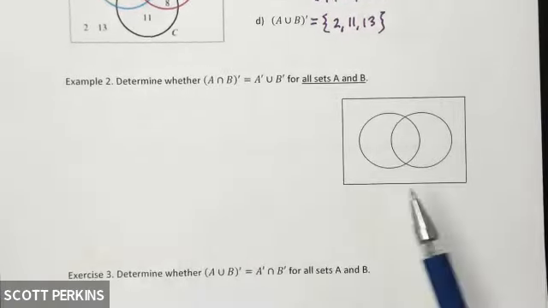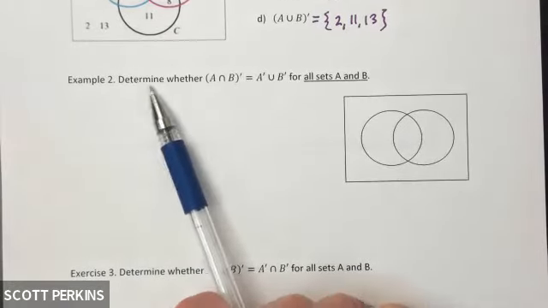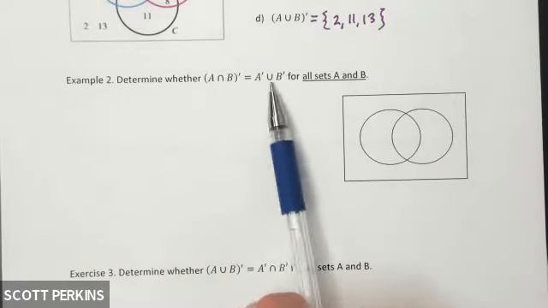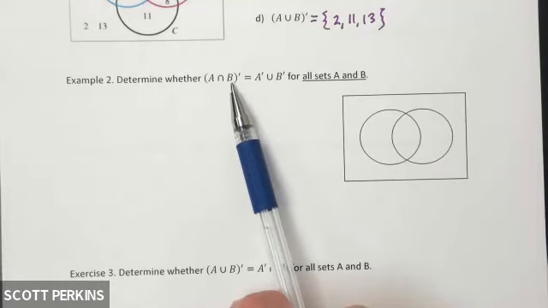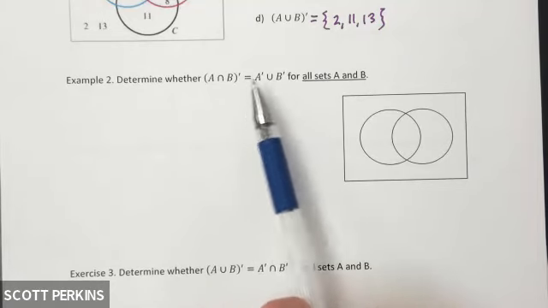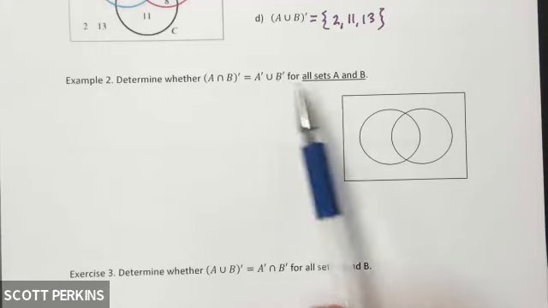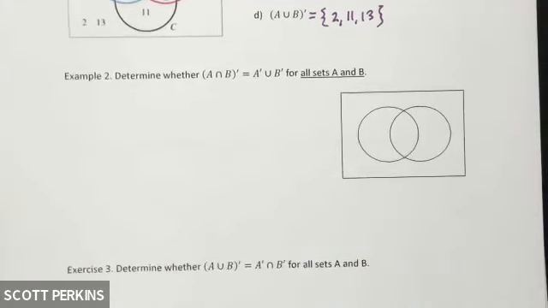Now what we're going to do is determine whether this relationship right here, A intersect B complement, is equal to A complement union B complement for all sets. I'm not asking you to make up a couple sets and see, because in all honesty, for almost every relationship, you could make up two sets and accidentally find a couple that would work.